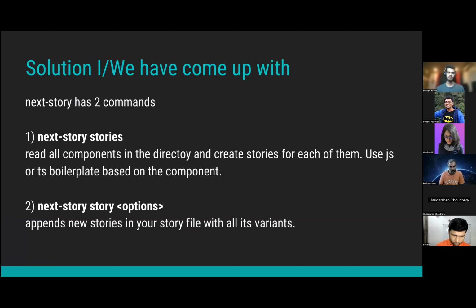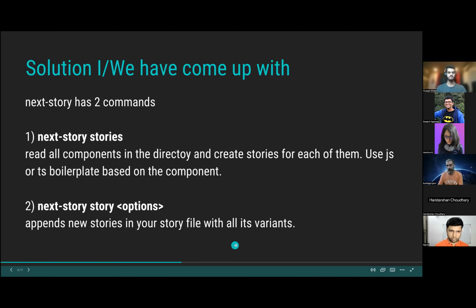It reads all the file directories, and we get all the component names using regular expressions, and using those regular expressions we convert them into stories, using boilerplates for their respective JavaScript or TypeScript. And the second is the story command for a single component.